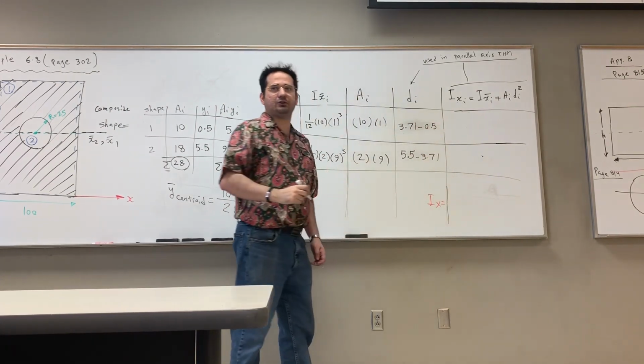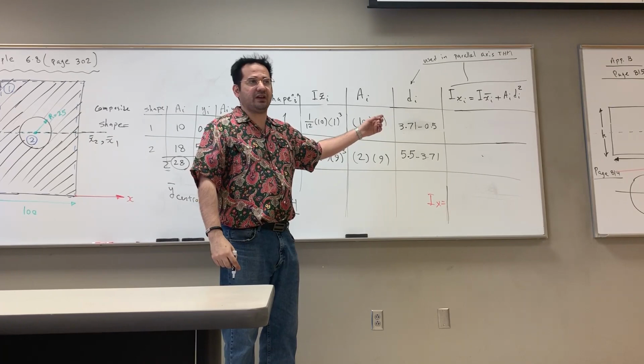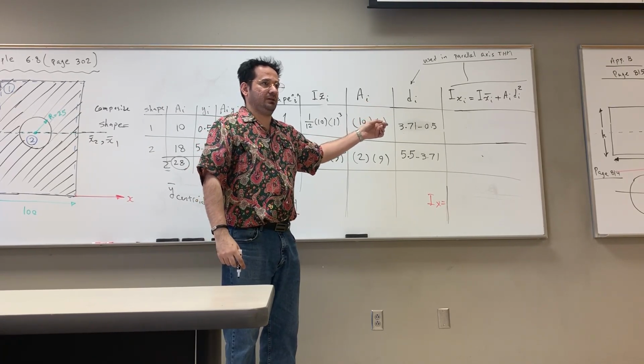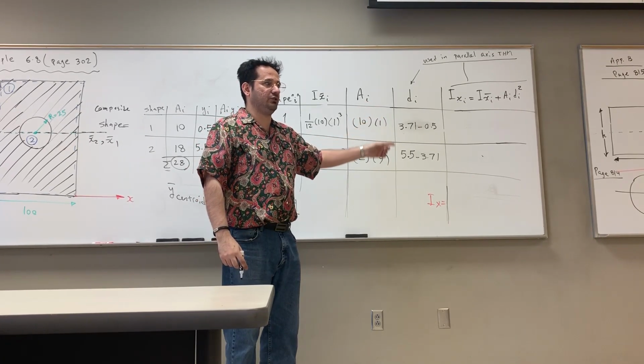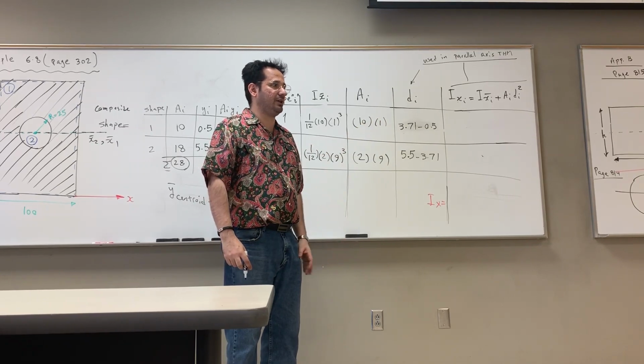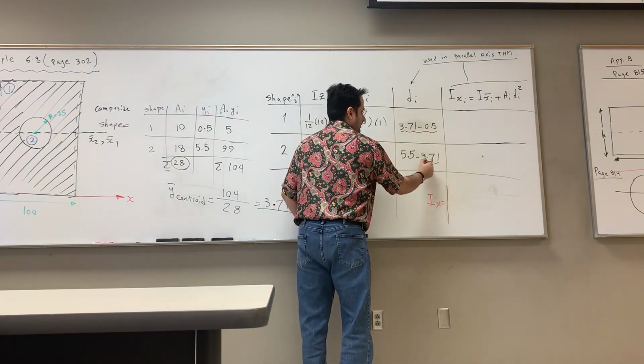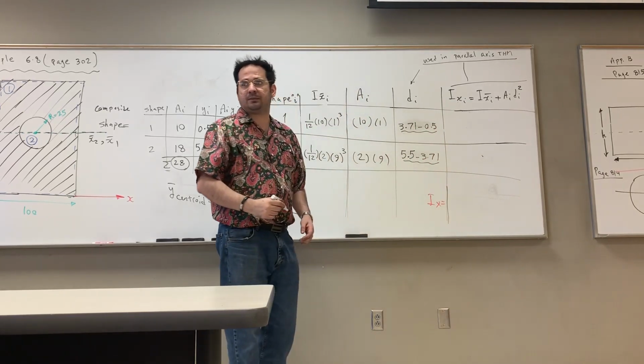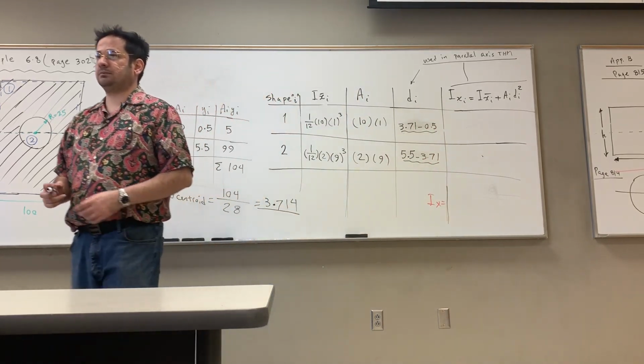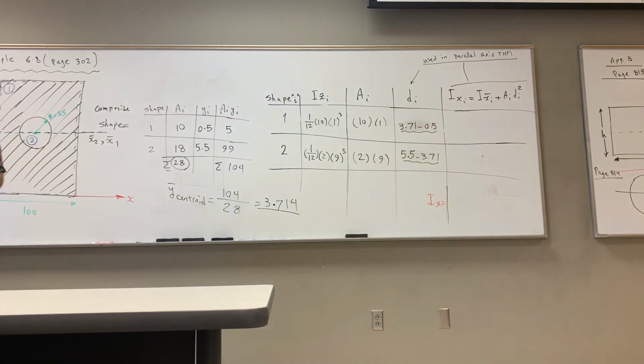Is there anyone that doesn't know how I got this? This is extremely important. I can guarantee you will get a very bad grade in the final exam if you don't know how I got this. So why? It's just the scalar distance. It doesn't matter if it's below or above.